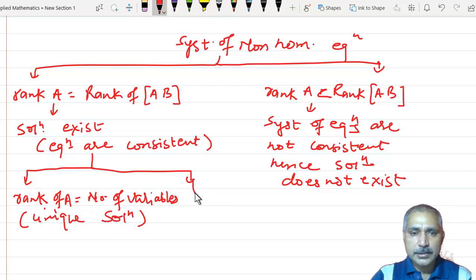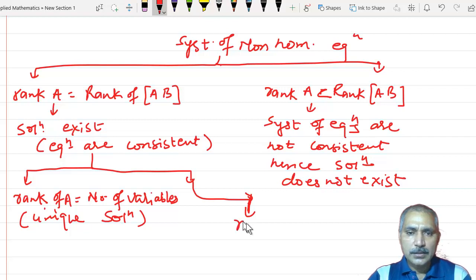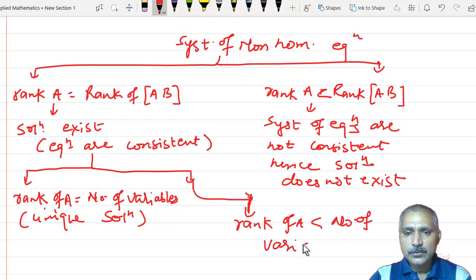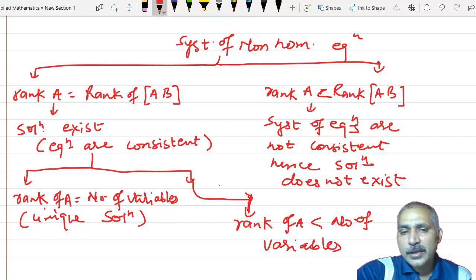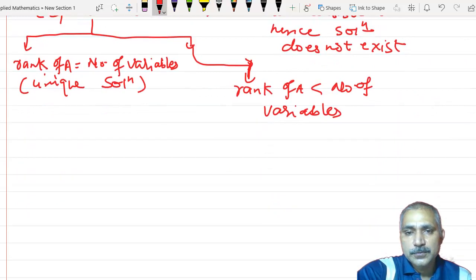And I will elaborate this here. Rank of A is less than number of variables. Then there is going to be infinite solution.